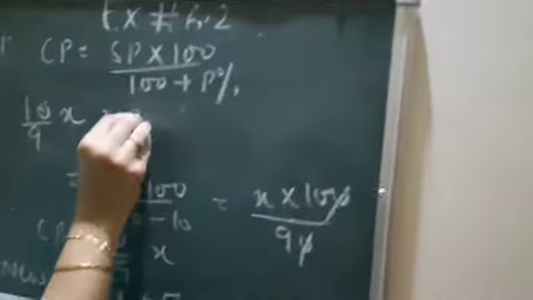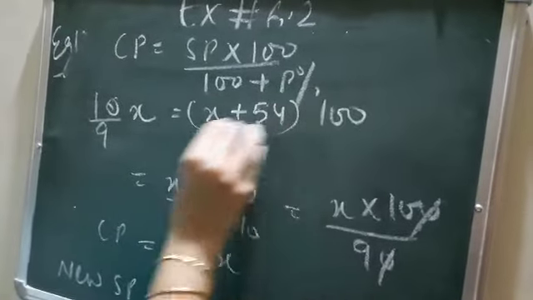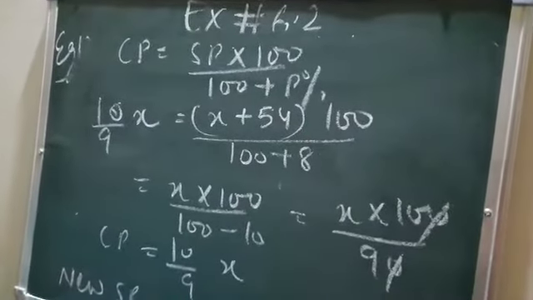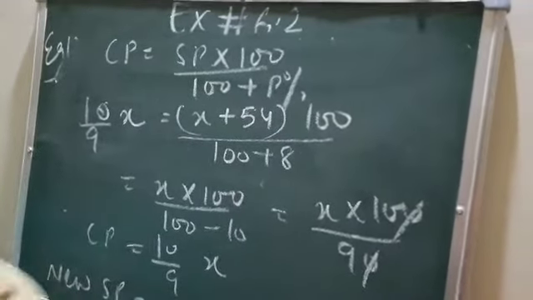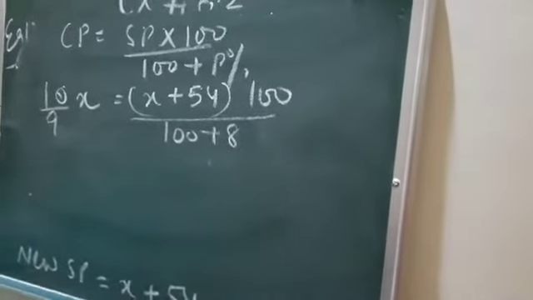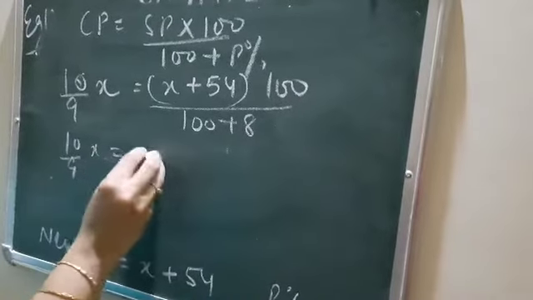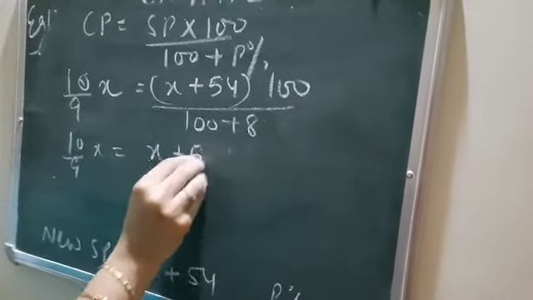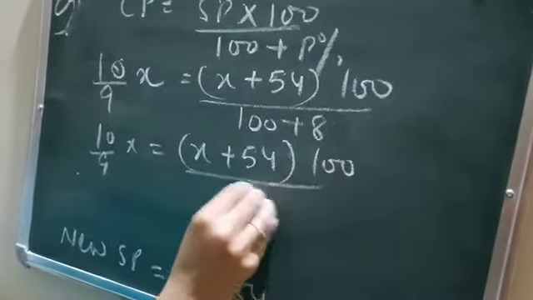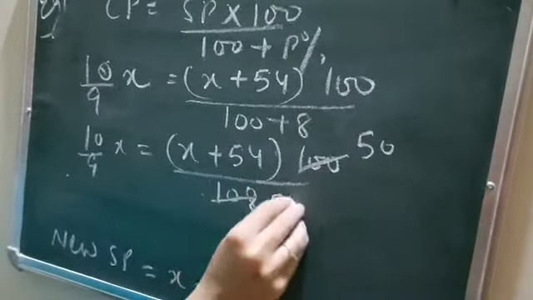SP is X plus 54 into 100 upon 100 plus profit percent is 8. Now solve it. 10 upon 9x is equal to X plus 54 into 100 upon 108. Cut it. 2 fifties are 50, 4 fifties are 50.